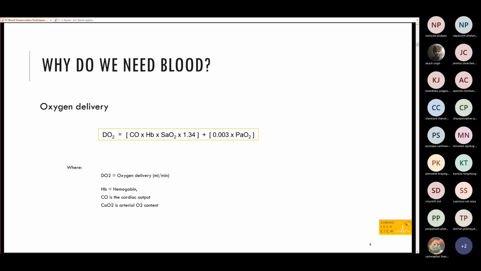Oxygen is needed for organ function. So if you have enough oxygen, every organ is gonna work well. So to preserve that, hemoglobin is the main factor, right?